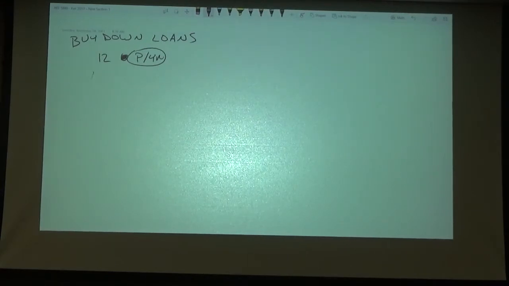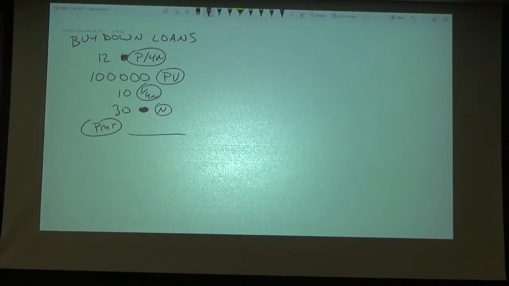So, once again, we'll assume a $100,000 loan. In this case, we'll assume the normal interest rate is 10% for 30 years, and we get our monthly payment, and I know that's going to be $877.57, but I'll do it anyway.